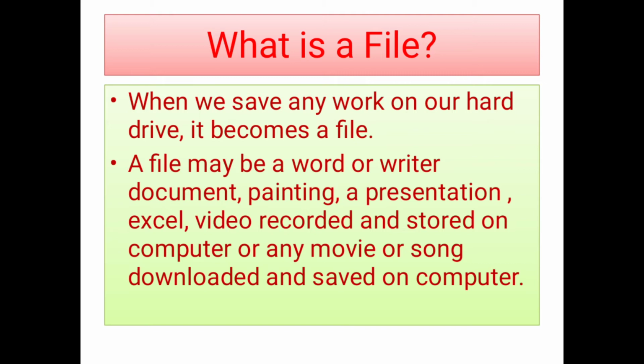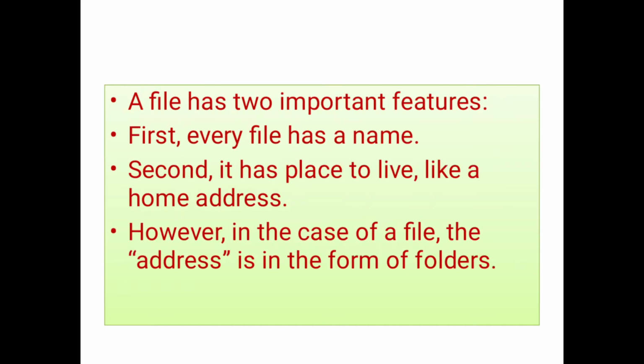This file will have two important features. What is the first one? Any file should have a name, whatever file it may be. And it should also have a place to store, that means a place to live. First point, it should have a name.